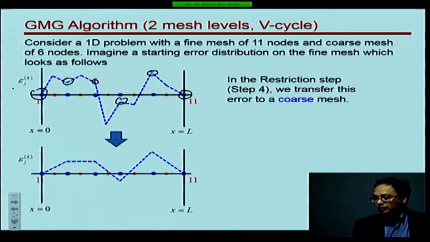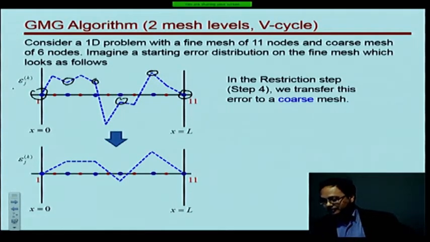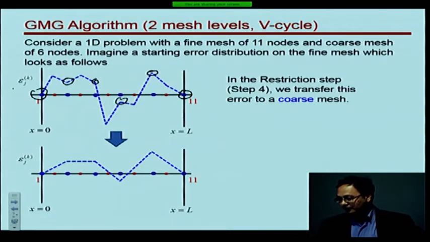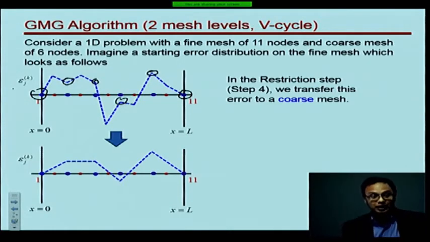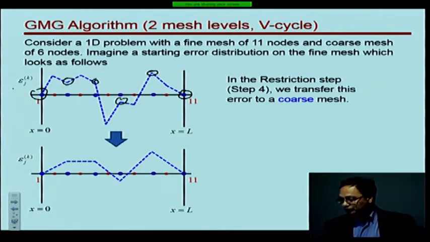So this is the error distribution that we are getting on the coarse mesh. You already see that most of the errors are lower than the errors that you had on the fine mesh. Now we are going to do further Gauss-Seidel on this, the smoothing step on the coarse mesh, which is going to reduce these further, bringing them closer to 0.